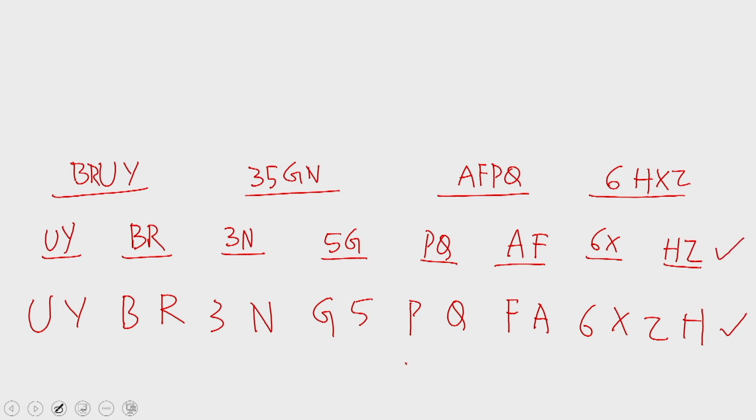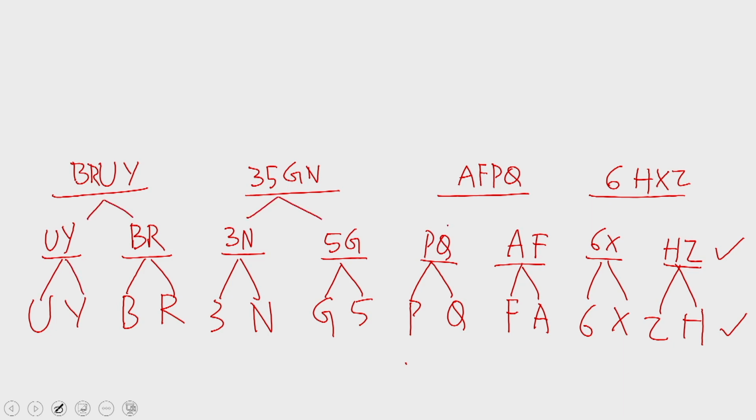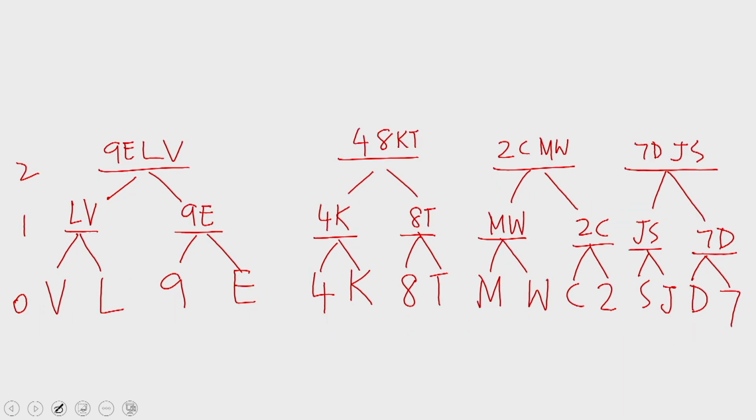So, at the end of the sixth step, all these nodes are done. So, that is the tree as it looks like at the end of the sixth stage. Now, we come to the seventh stage.